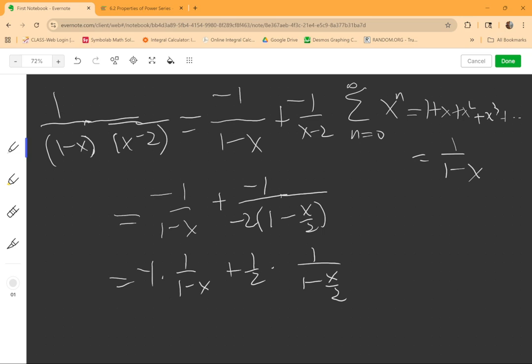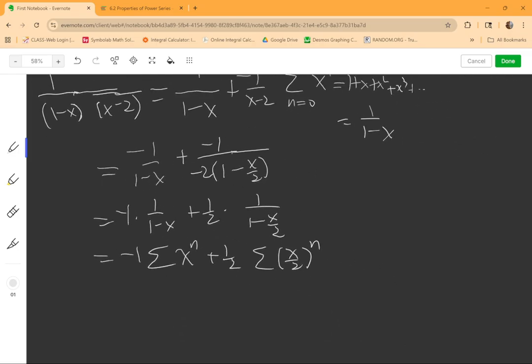All right, and then here we get -1 times the sum of x to the n plus 1/2 times the sum of (x over 2) to the n, where n is equal to 0 to infinity.